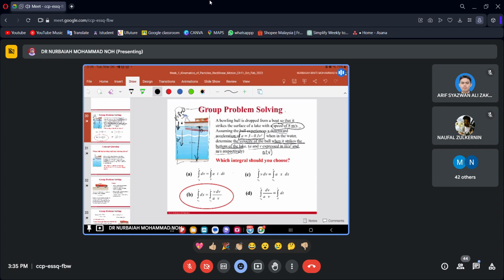Sorry, you akan dapat bentuk velocity dalam sebutan positions. Sebab dia talking about when it strike the bottom of the lake, which is we can describe this condition in term of distance. So meaning that the velocity here should be expressed as a position parameters. Okay, so you punya function of velocity ni should be expressed in term of positions.